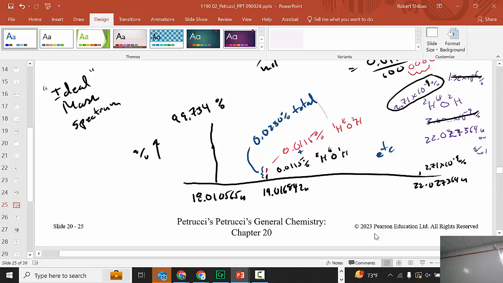And so our lightest peak is going to be here. Our heaviest peak is going to be here. Our biggest peak is going to be here. Is this going to be the smallest peak here? Will this be the smallest peak? No. What will be the smallest peak?